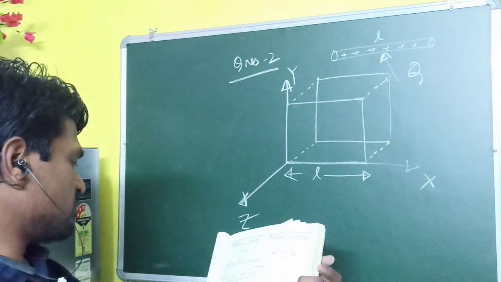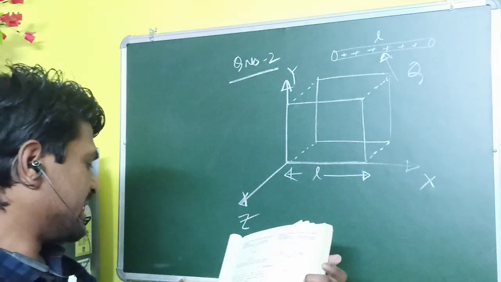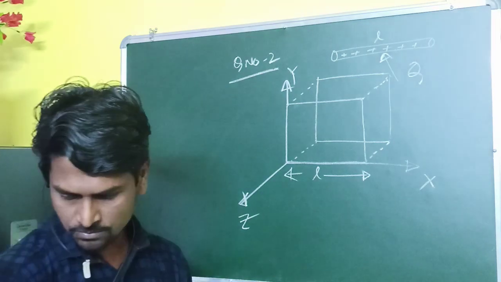Find the minimum possible flux of electric field through the entire surface of the cube.